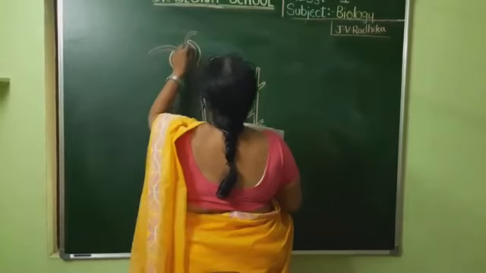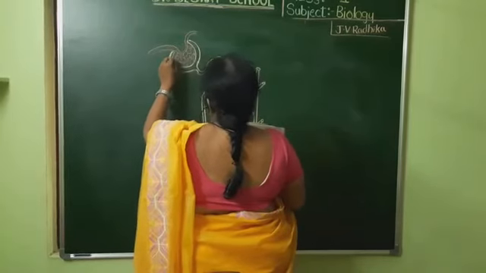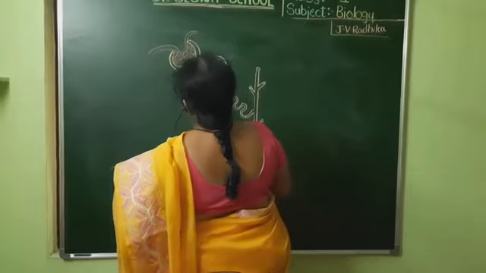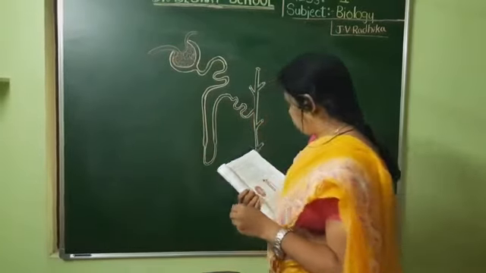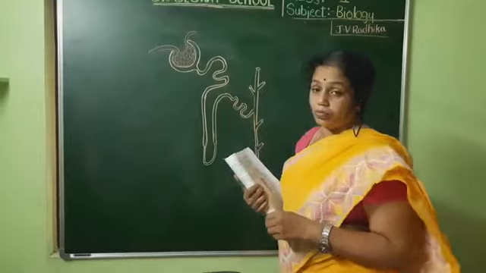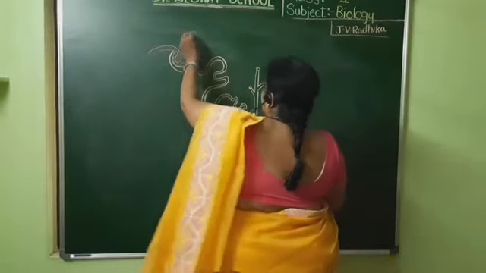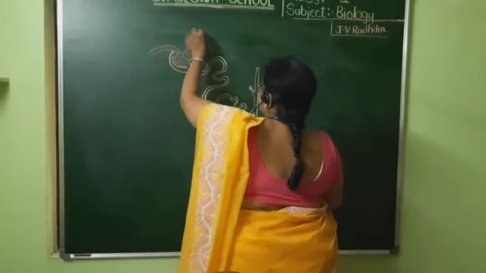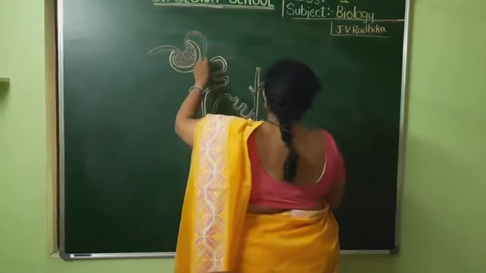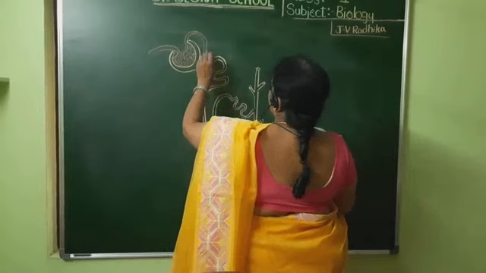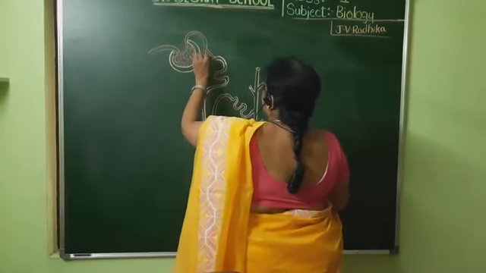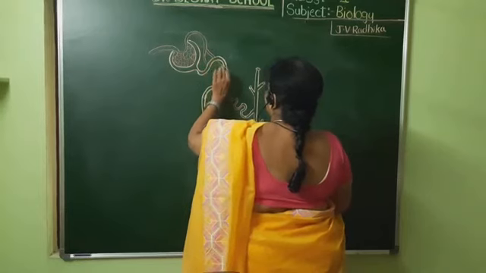Children, here we can see a fine network of capillaries, and those capillaries are called the glomerulus. Now, what happens to this efferent arteriole? It doesn't stop there. It will be further branching out and forms a fine network of capillaries, and those capillaries are called the peritubular network or peritubular capillaries.